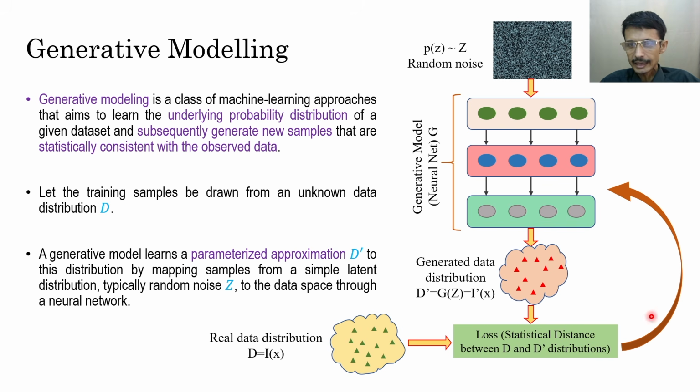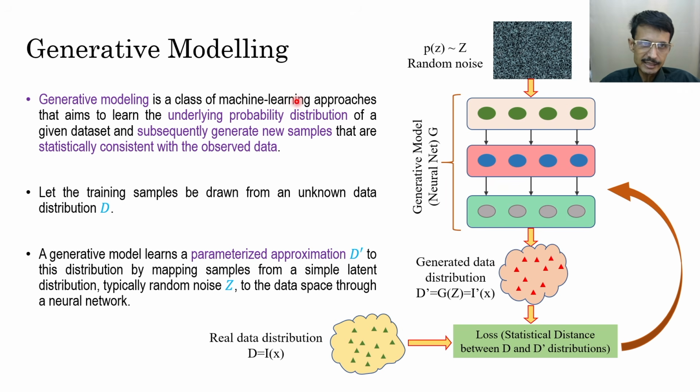This loss is backpropagated to this generative model so that it changes its parameters in such a way that more similar samples can be generated. So now this is the setup.